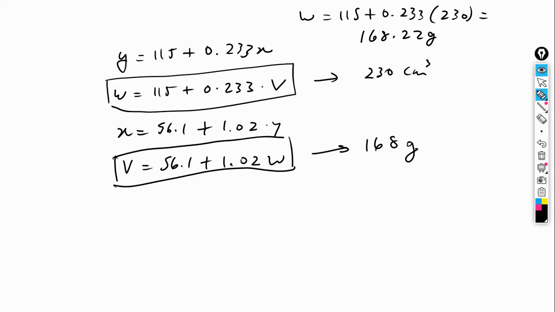And then let's find the volume of a fruit that weighs 168 grams. So this is going to be, the volume is equal to 56.1 plus 1.02 times 168. Plug that into the calculator, and you are going to get about 227.26 cubic centimeters.